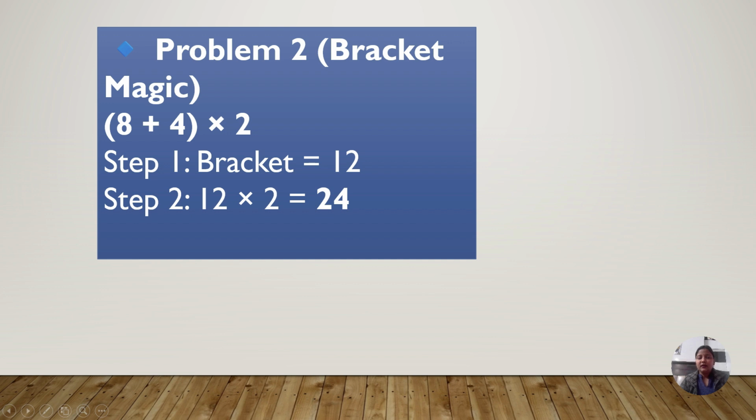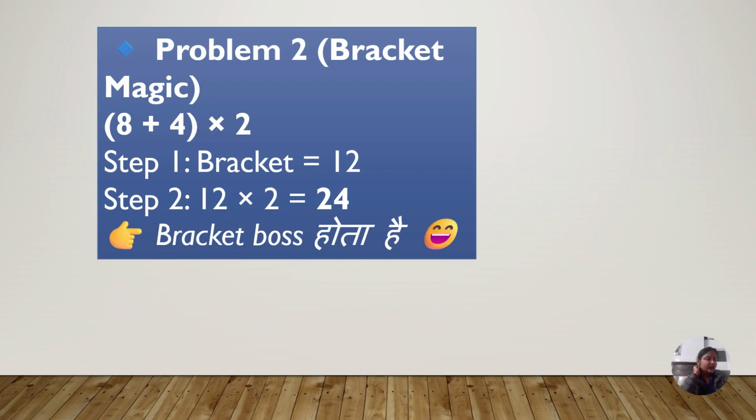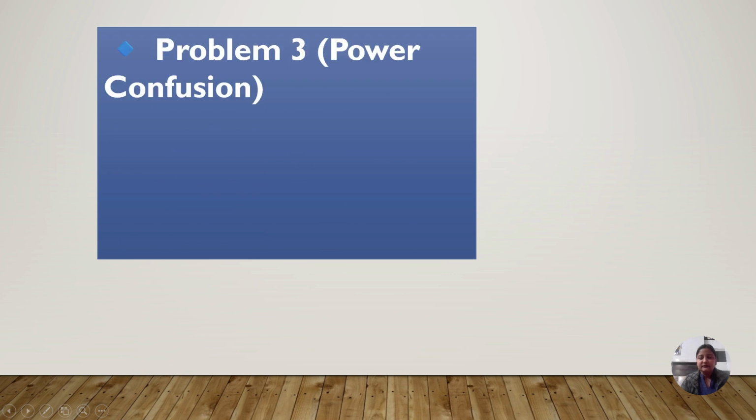Then whatever answer we get from 8 plus 4, we will multiply with 2. So what will you get? You will get 24. Is it clear for you? So you need to understand, we need to solve the bracket first because bracket is the boss, right? You can understand bracket comes first.